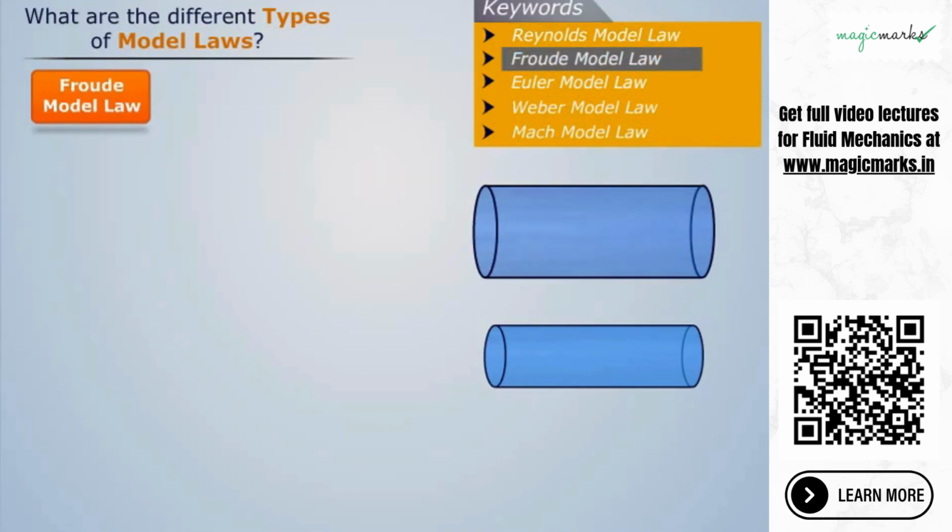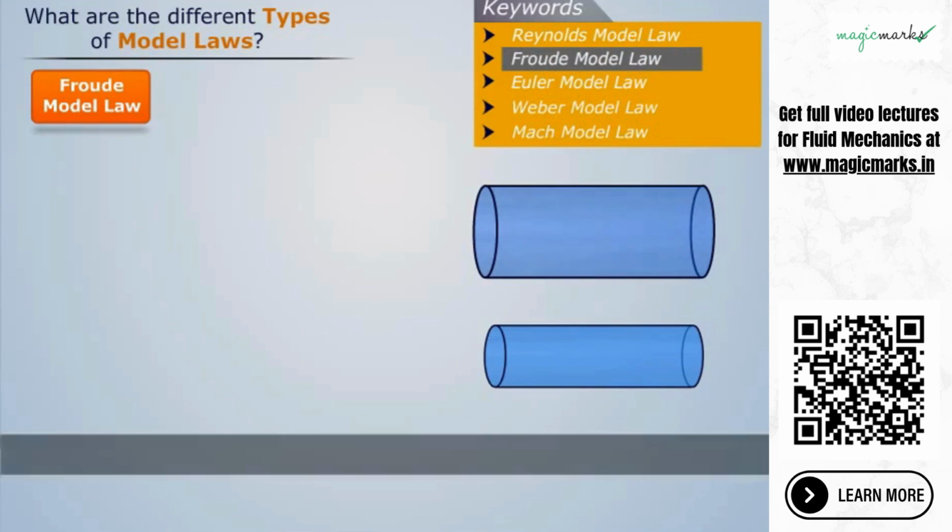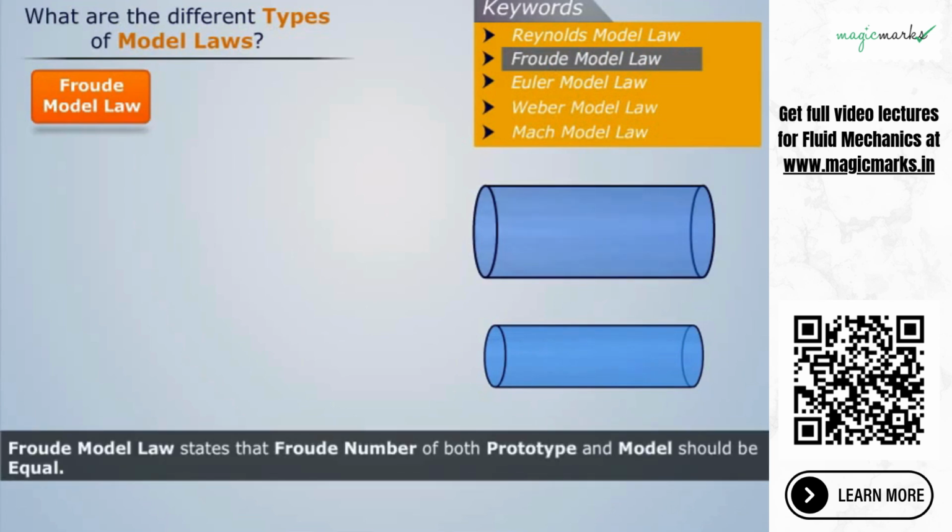Now let us understand Froude model law. This law states that Froude number of both prototype and model should be equal. Consider the same prototype of a pipe. Let Frp be the Froude number of this prototype. Now let us design a model of this prototype.